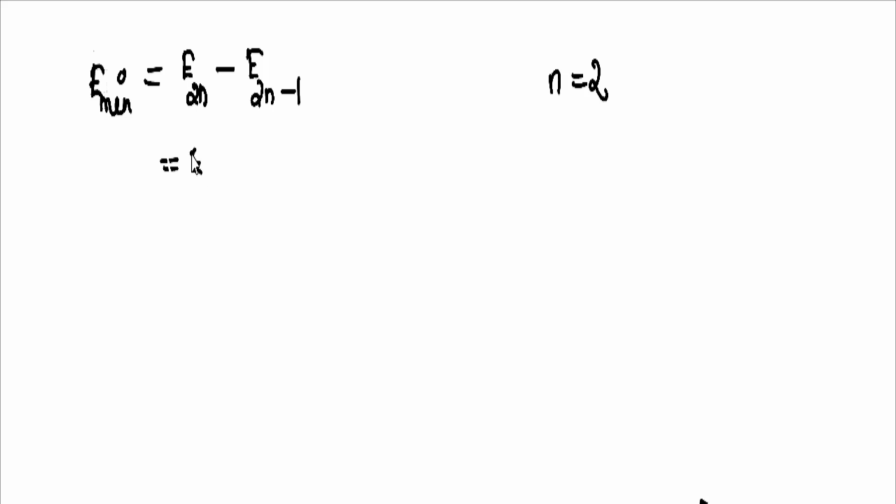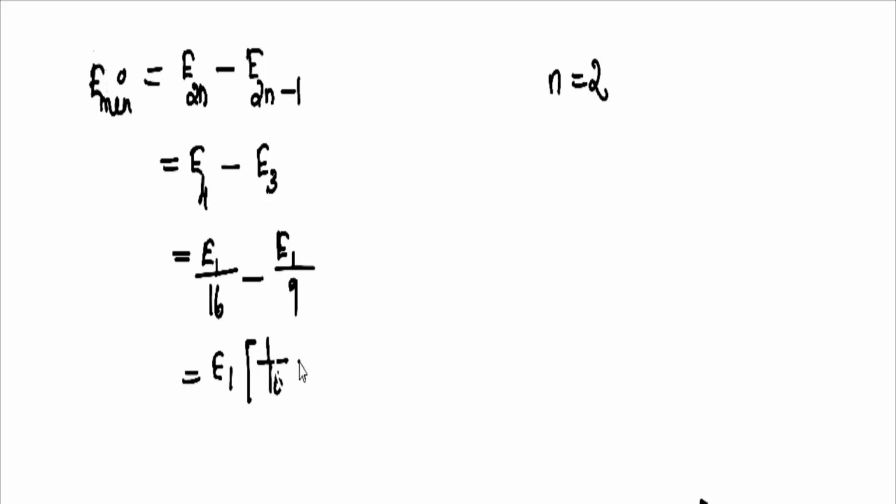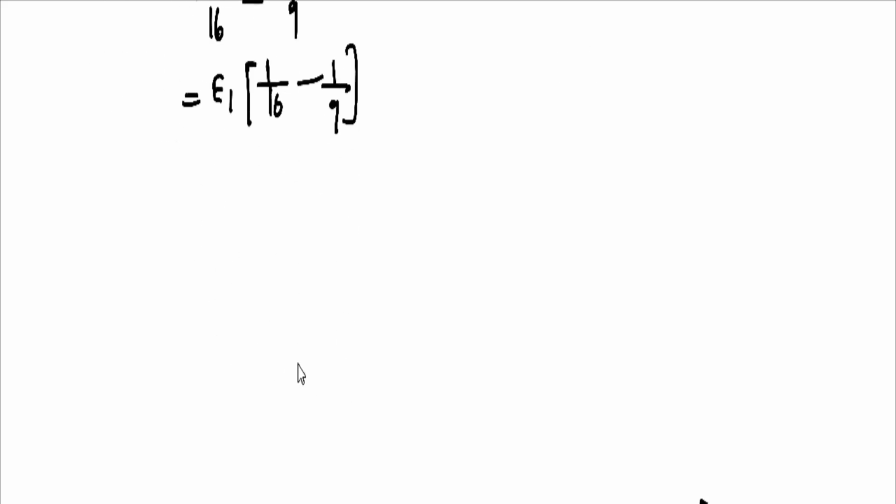So we get E4 minus E3, or E1 by 16 minus E1 by 9, or E1 into (1 by 16 minus 1 by 9). What is E1?